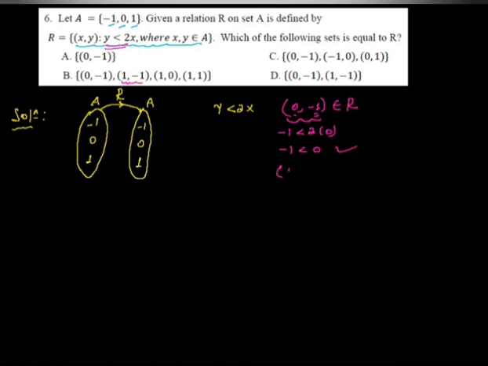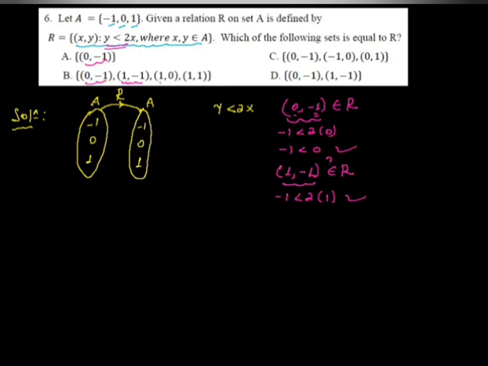Is it a member of R? So -1 is less than 2 times 1. Still this is true. Therefore this is also another option. Okay, (1, -1) is a member of R.